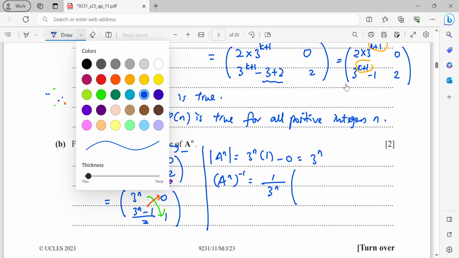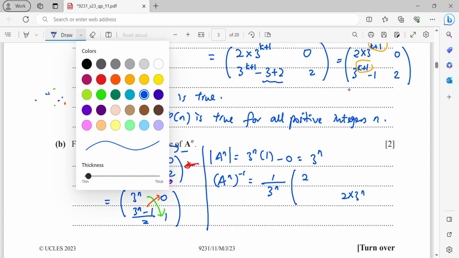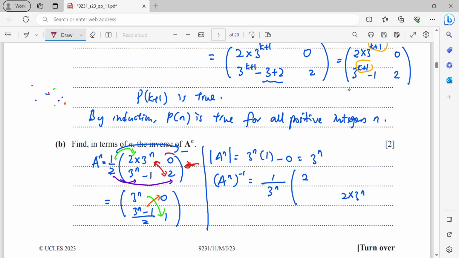Adjoint of A^n means, look at the A^n, you swap these two values, interchange these two values, so that I will get 1 and 3 power n on the diagonal. And for the other two values, you times by minus.